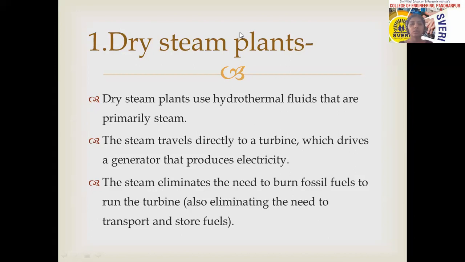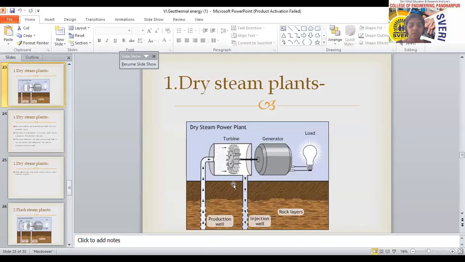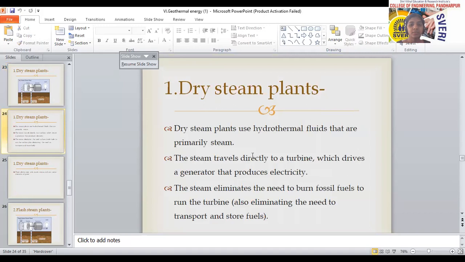It also reduces the cost of transportation and storing. In the other types of thermal power plant, to generate the required amount of steam, we are utilizing fuel.